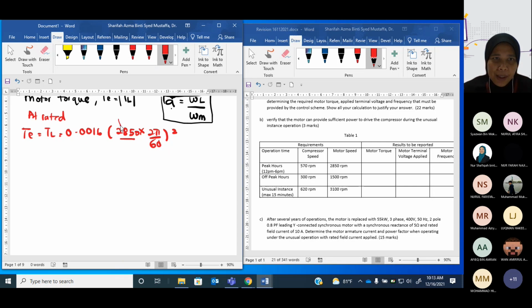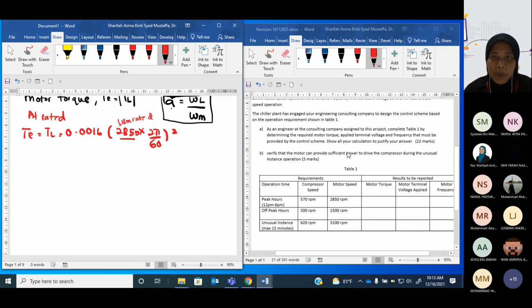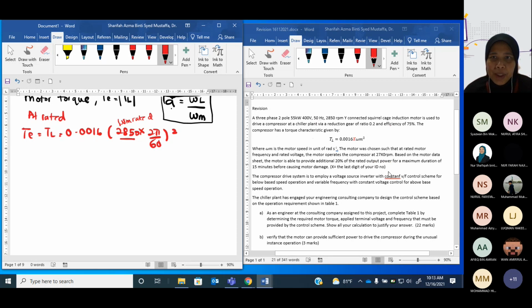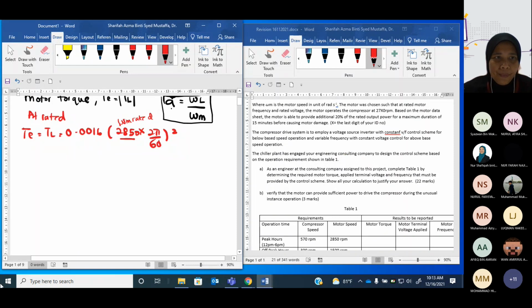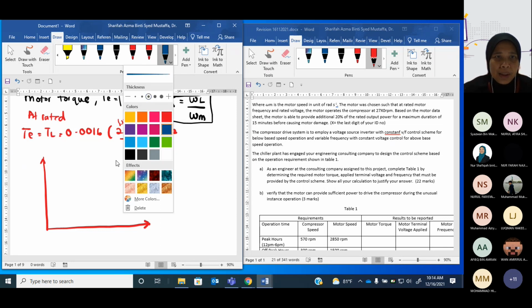Ini you ambil at rated speed, omega M rated. But at rated frequency and rated voltage, the speed of the motor is not at rated speed, but the operation is at 27x0 RPM. So question tu nanti lebih kurang macam ni, you have to think. Bukan this question lah, tapi you will have such questions, you have to think. It's not a straightforward question. And it's 40 marks.